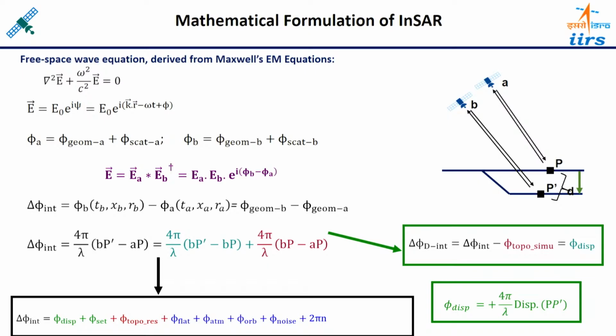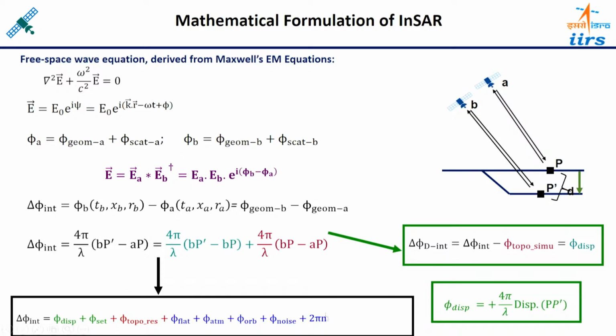Here you can see the interferometric phase is equal to the displacement phase, which is this one, plus the topographic phase, which is this one, plus other terms. This is phi SET, called the solid earth tide phase, this is the flat earth phase, this is the atmospheric phase, this is the orbital phase, this is some noise, and this 2 pi n, where n is an integer.